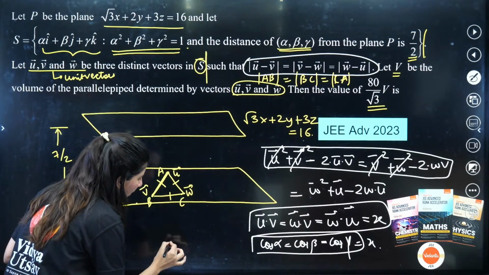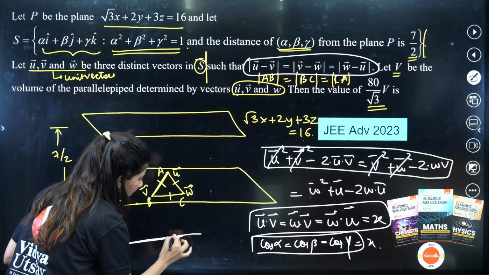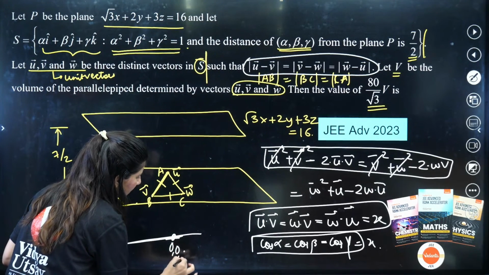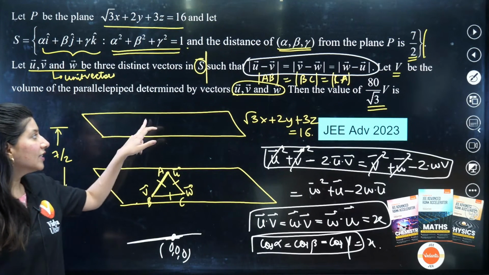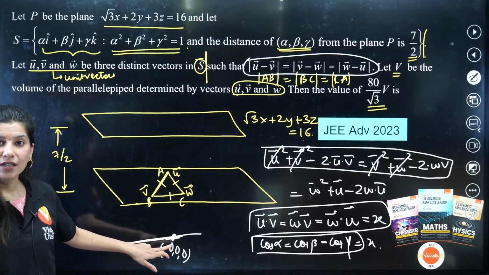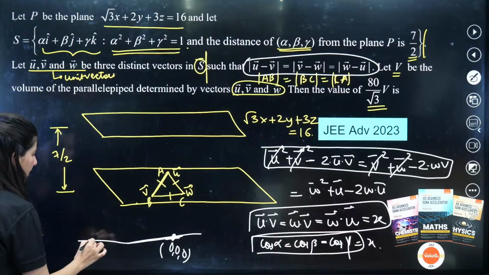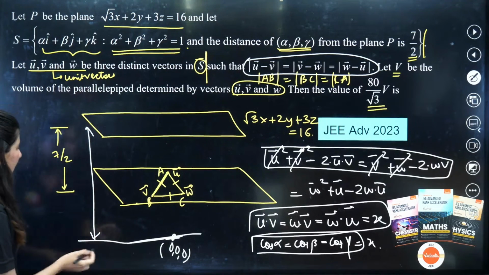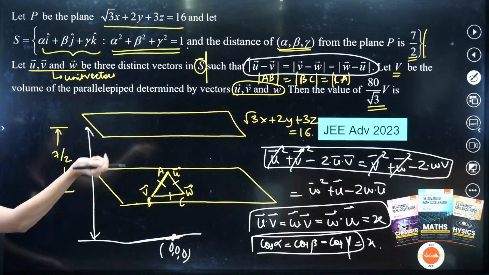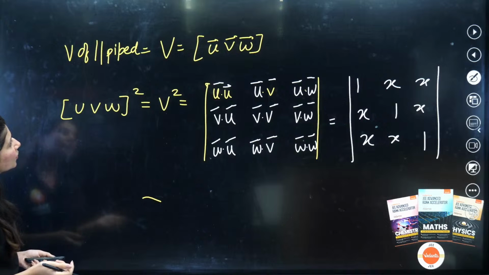If this is your origin, the point 0, 0, 0, can you tell me the perpendicular distance of this plane from the origin? We can get this value by just applying the formula.